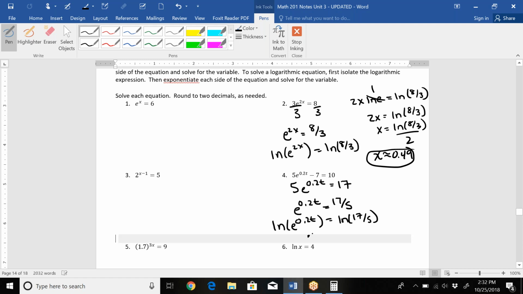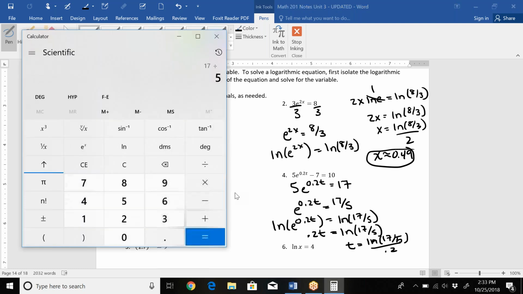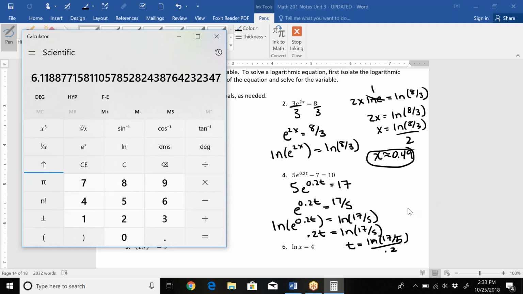We can move the 0.2t to the front. And notice I'm not even going to write the natural log of e because I already know it's 1. It just naturally is going to go away. And then we divide by 0.2. So natural log of 17 over 5 divided by 0.2. So 17 divided by 5, natural log, and then divided by 0.2. So I'm getting 6.12.